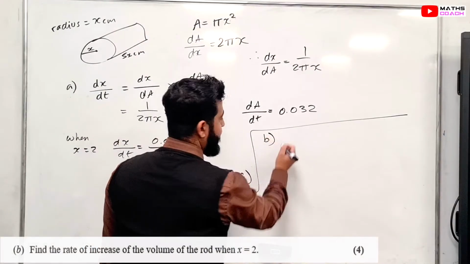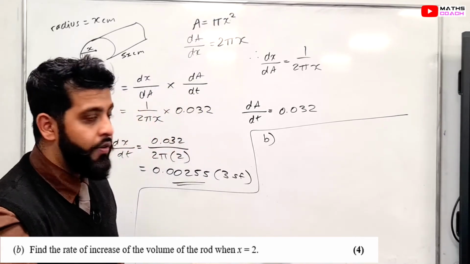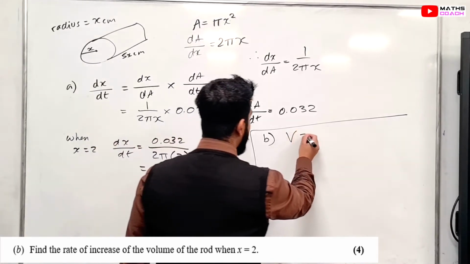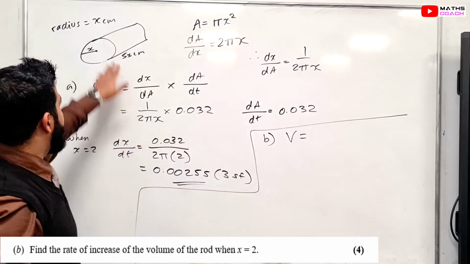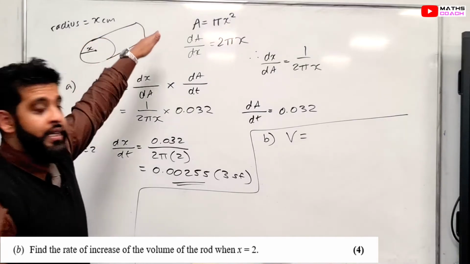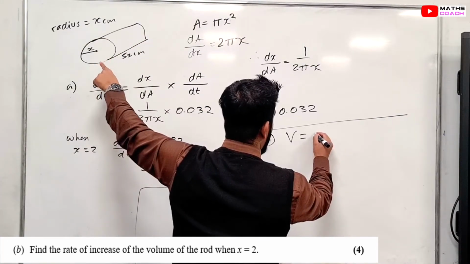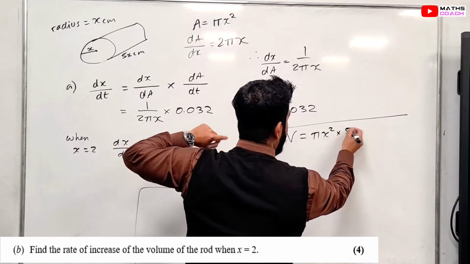So for part B, it says find the rate of increase of the volume of the rod. So let's first of all write down a formula for the volume of this cylinder. How do you find the volume? Area of the cross section times the length. So the cross section is your pi x squared, times your 5x, which is your length.